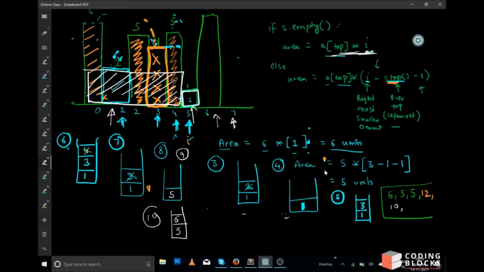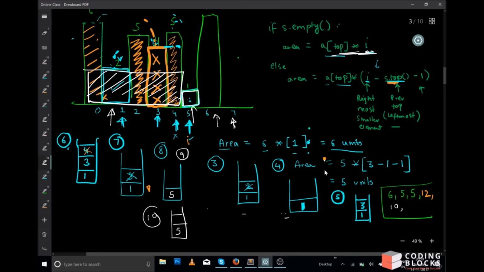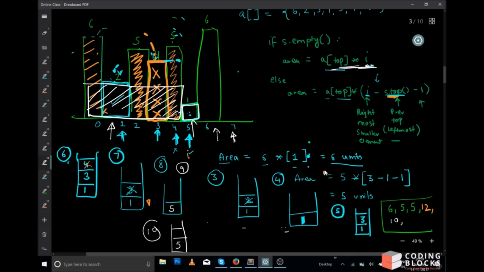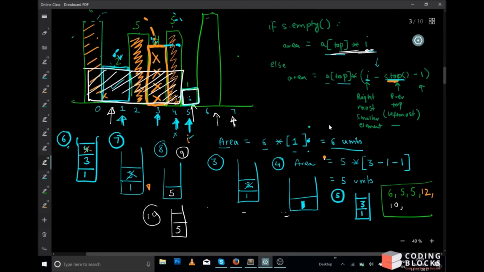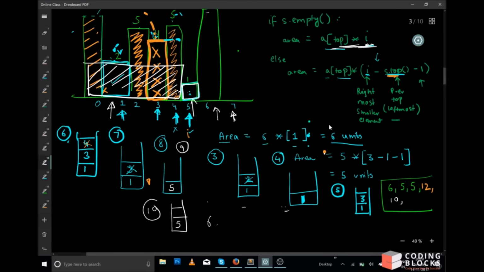I'm going to pop this element 6 and say with 6 as the minimum height bar, the maximum area I can make is nothing but 6 into the rightmost index. The rightmost index is 7 minus the leftmost index, which is lying here, is 5 minus 1. So the maximum area is going to be 6 units, right?